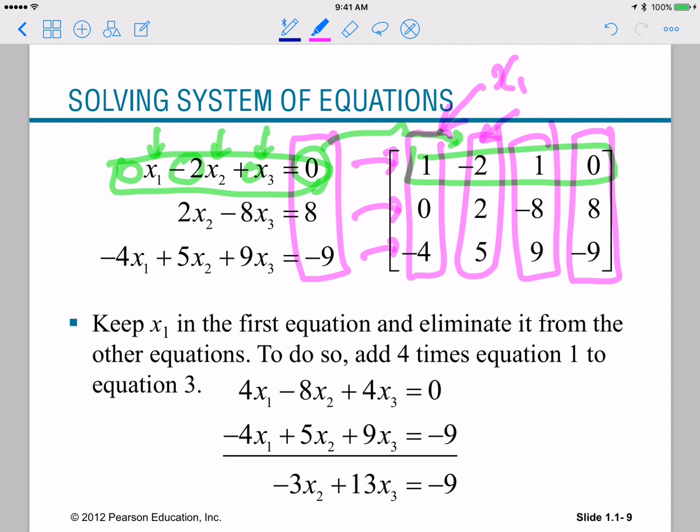Okay, and then now let's recall how we solved these sets of equations from our high school or middle school. The way to solve this equation is to basically eliminate one variable at a time from these equations.